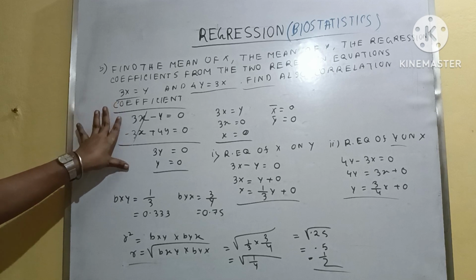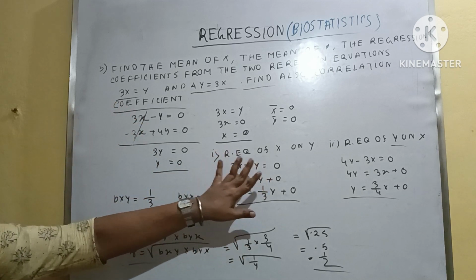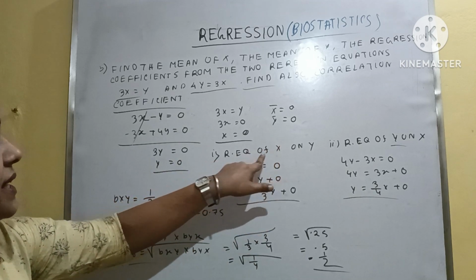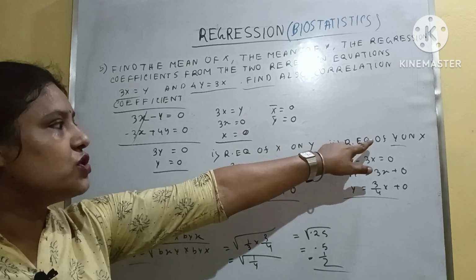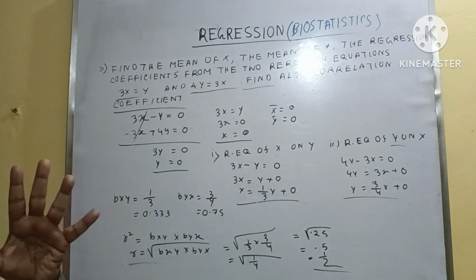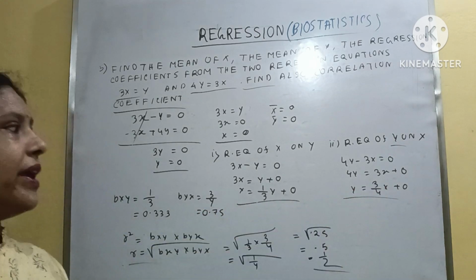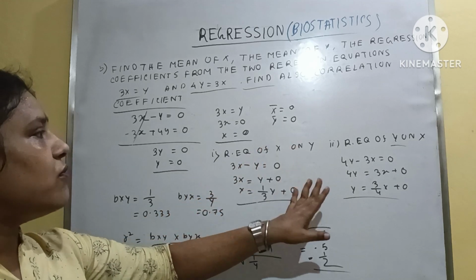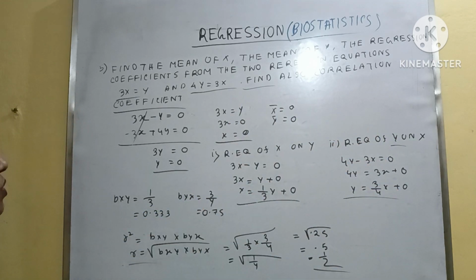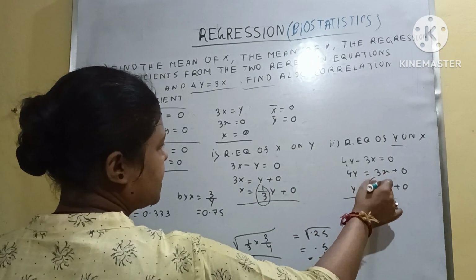First we have to solve for the x and y values. Then by solving or simplifying, we will get the regression equation of x and the regression equation of y. And after that, it is very important to write them in that way, the regression equation of x and the regression equation of y, for getting the values of bxy and byx.